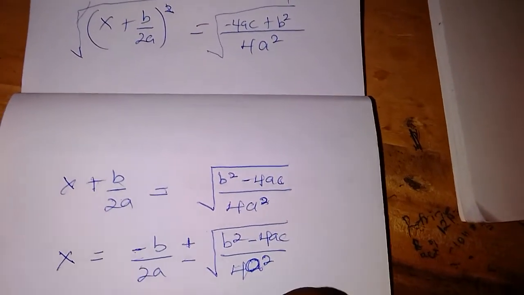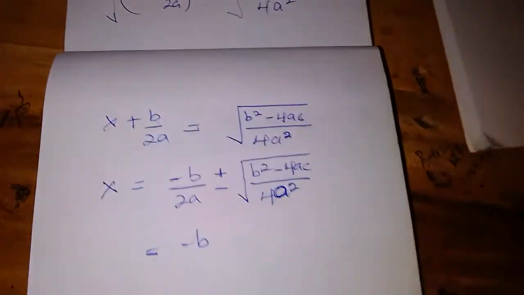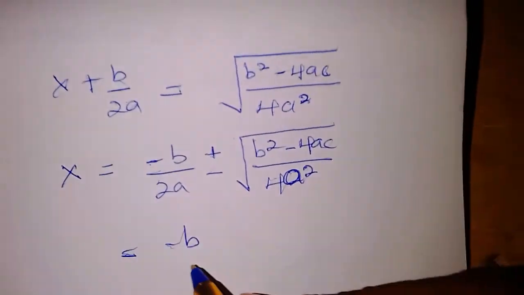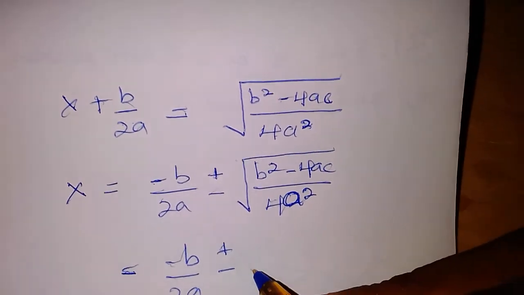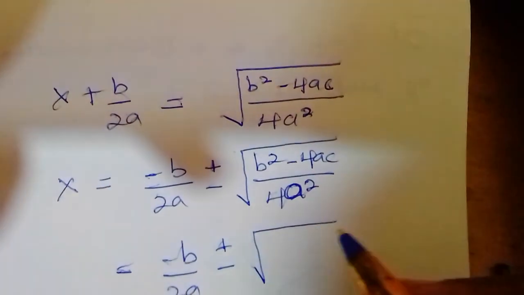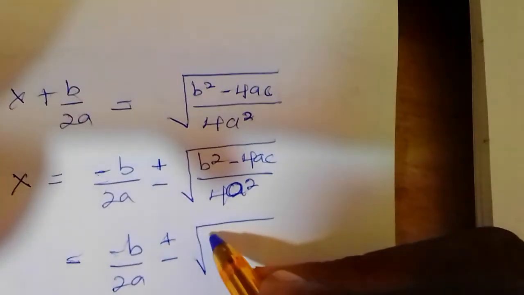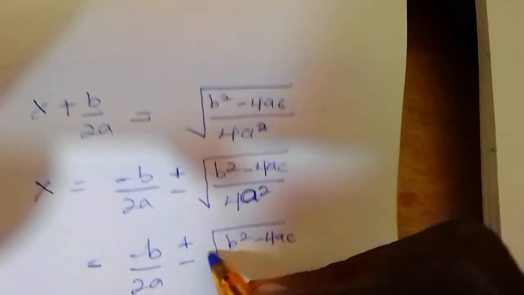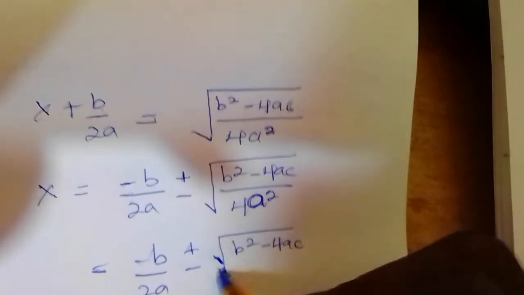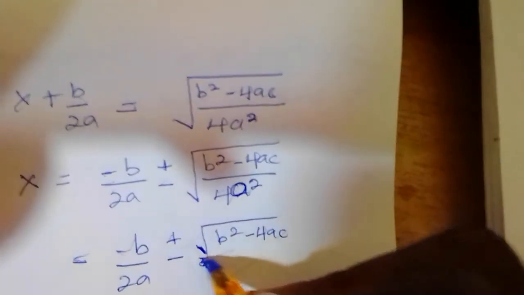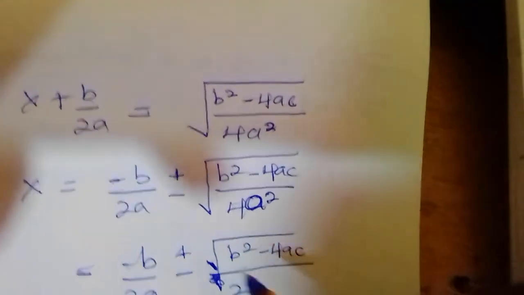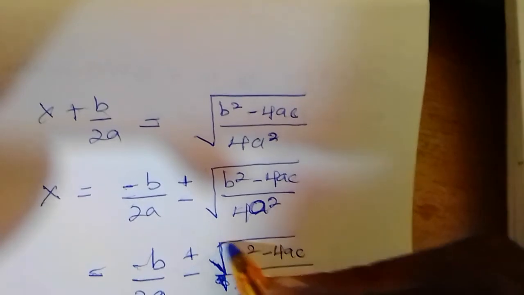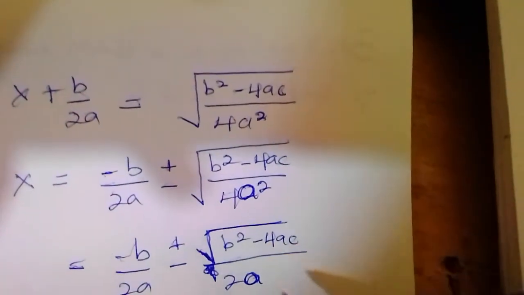So we get minus b over 2a plus or minus square root of b squared minus 4ac over 2a. In this case, the square root only affects the b squared minus 4ac.